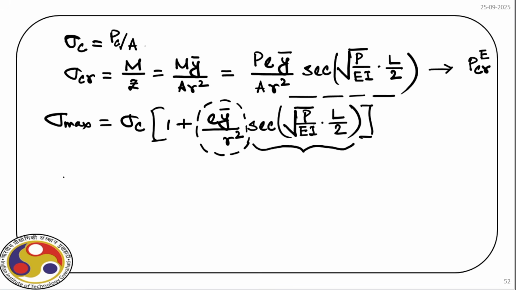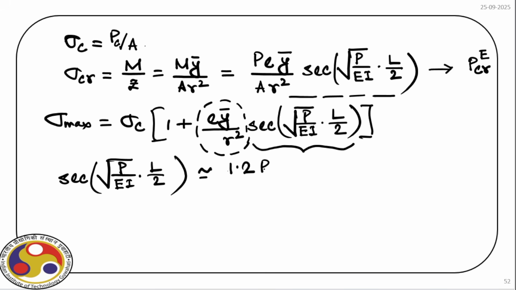So we can write this sec square root of P by EI times L by 2 approximately equal to 1.2 PCR E, that is Euler's critical load, divided by PCR E minus PC.